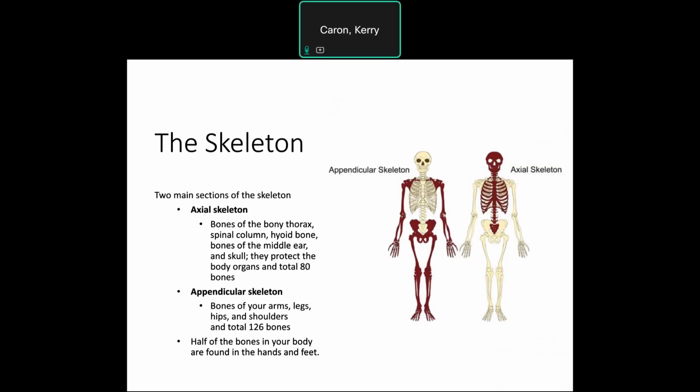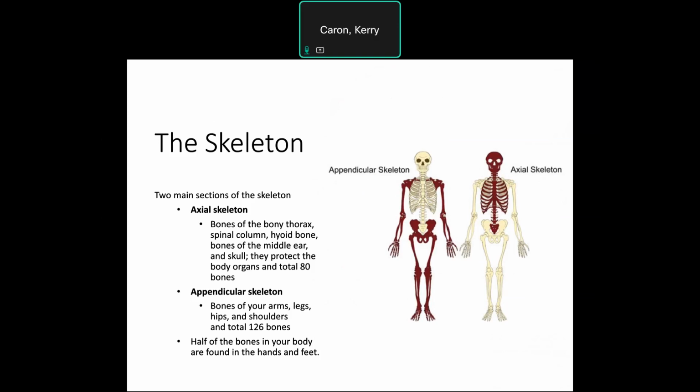Whereas the axial, there are 80 bones, and it's your cranium, your skull, your spinal column, your vertebrae, some parts of your middle ear, but really it's your trunk.